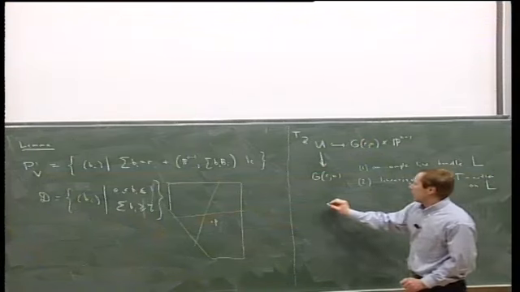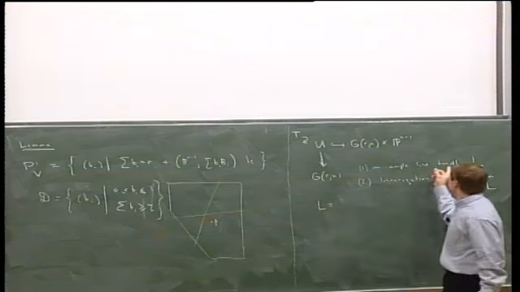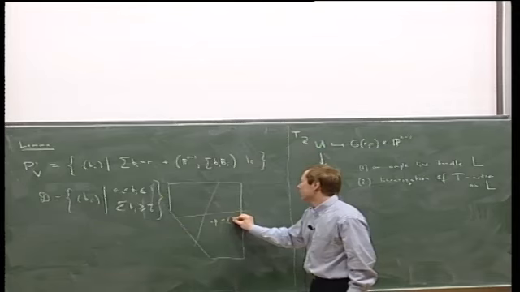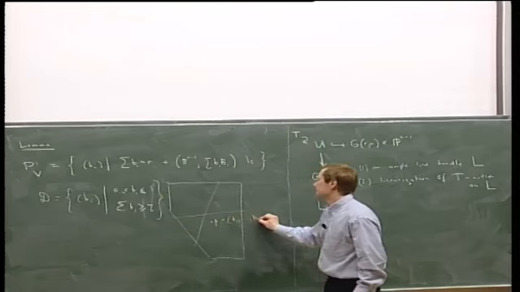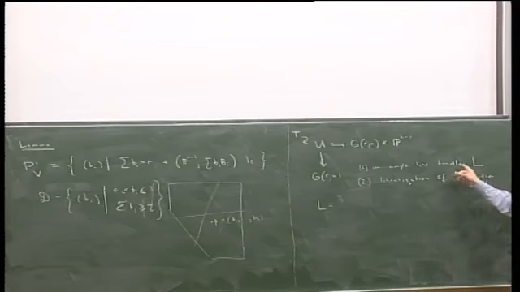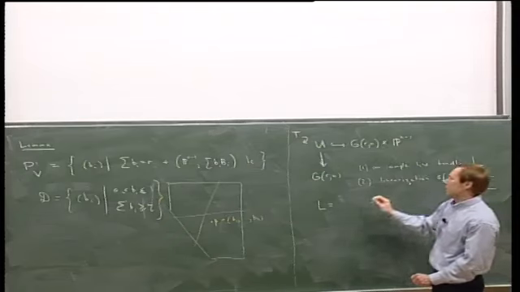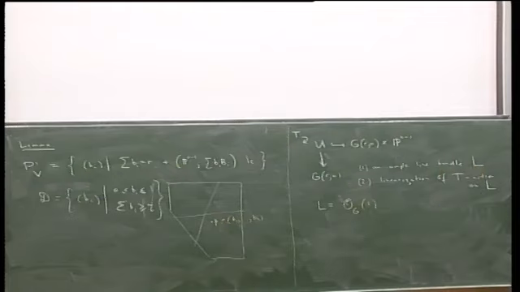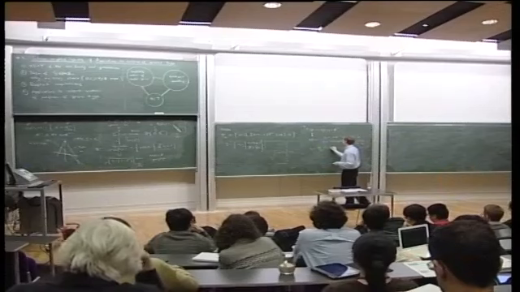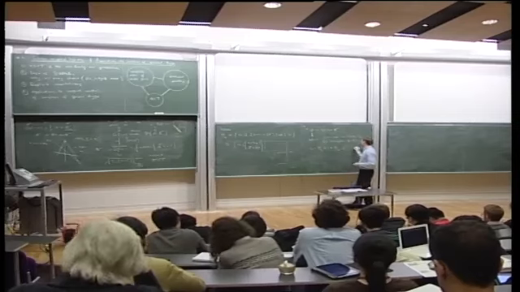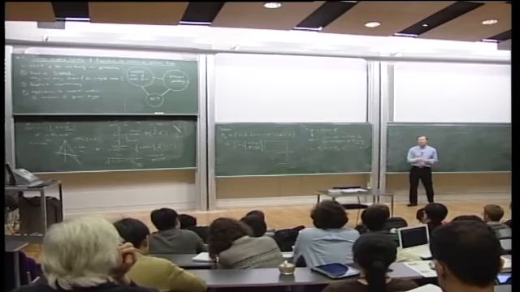The ample line bundle, given a beta, this point beta, so that's B1 through Bn. Given a point beta, first of all, I need to define an ample line bundle on here. And I start with the standard Plucker bundle on the Grassmannian, and then I need to define some line bundle on this P^{n-1}.